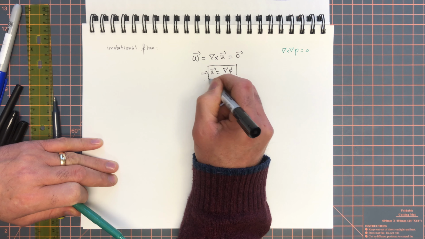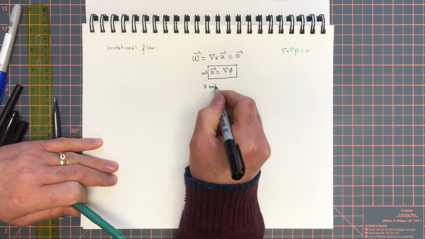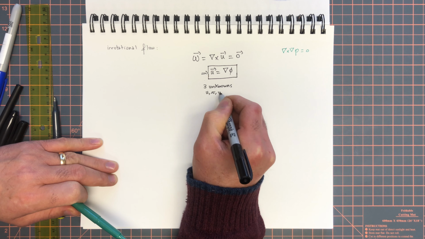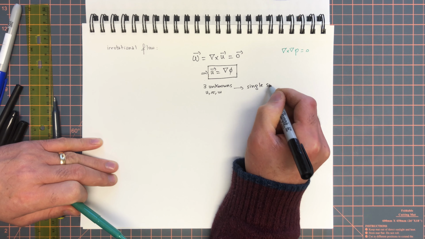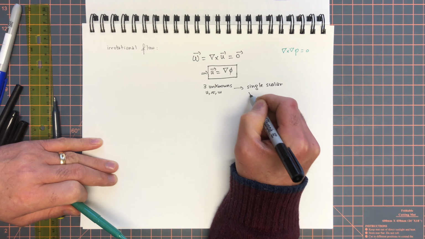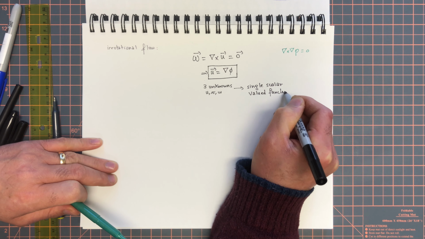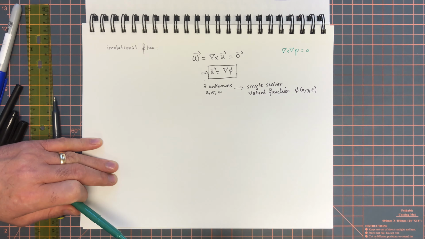That is a very important result, because we went from 3 unknowns, u, v, w, to a single scalar valued function phi of x, y, and z.